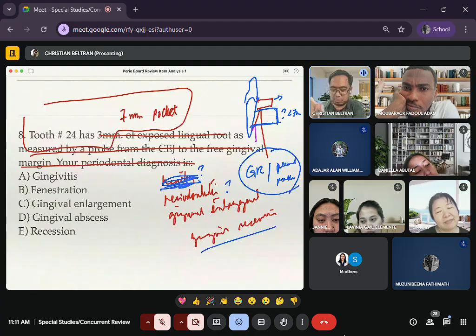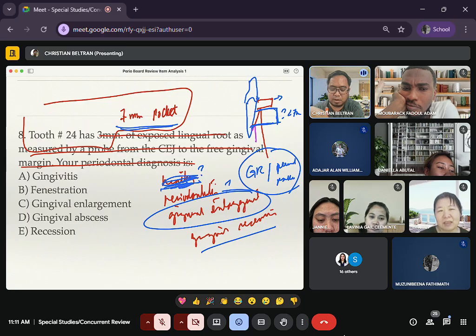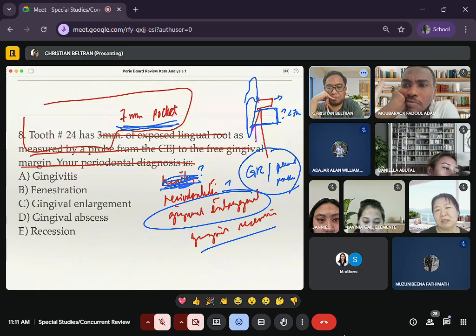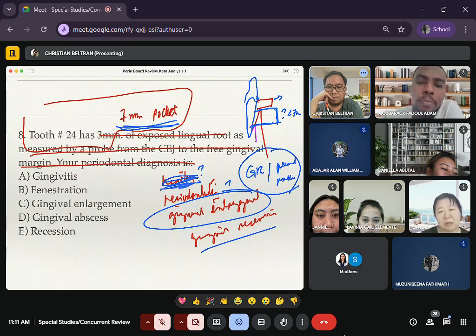Okay. What about here? Gingival enlargement. Can you have a 7 mm pocket if you have a gingival enlargement? Yes, right? But is it a periodontal pocket? It depends.